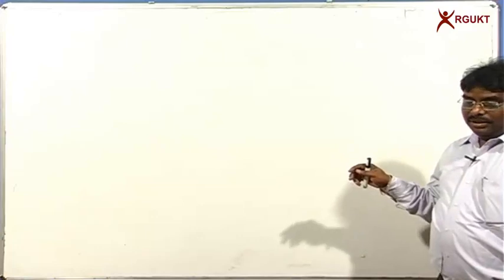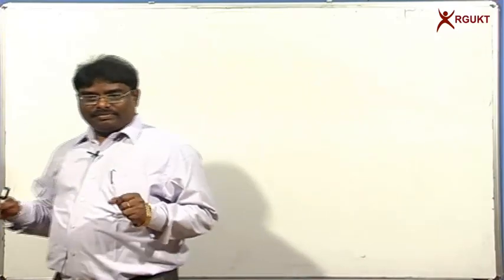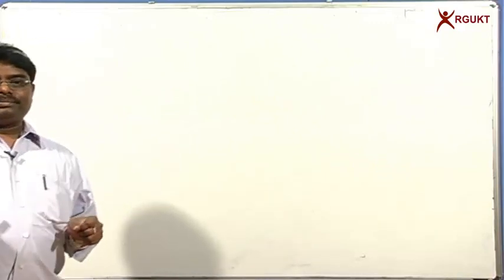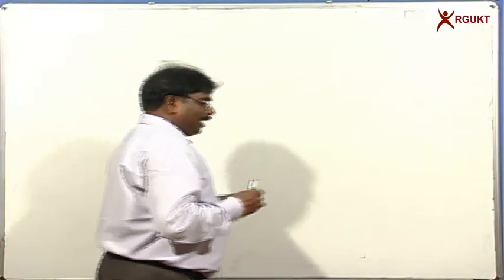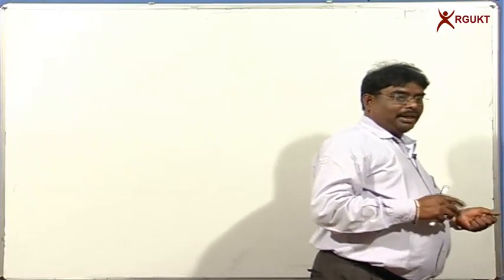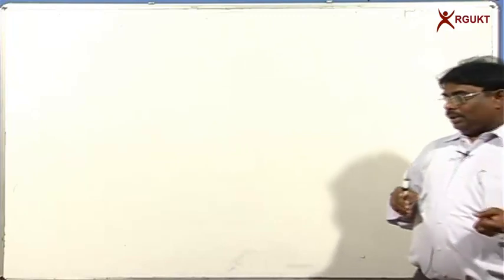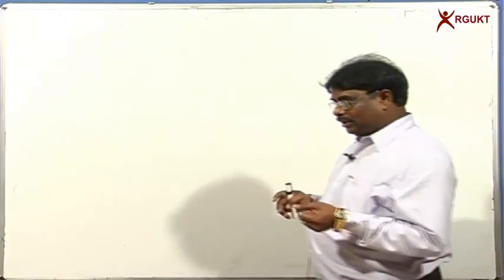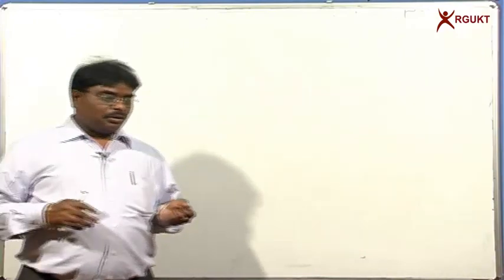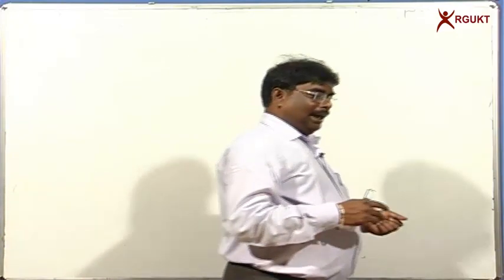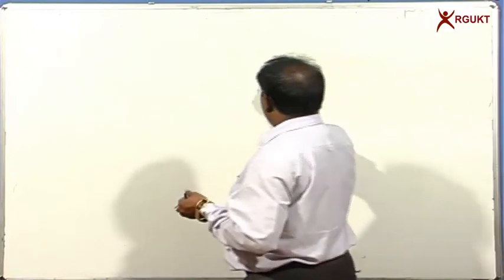Now we are going to discuss diffusivity. In the last class we were discussing how to calculate the flux, what the continuity equation is, and what Fick's law is. Fick's law says the mass flux or the molar flux is proportional to the concentration gradient, and that proportionality constant is the diffusivity.